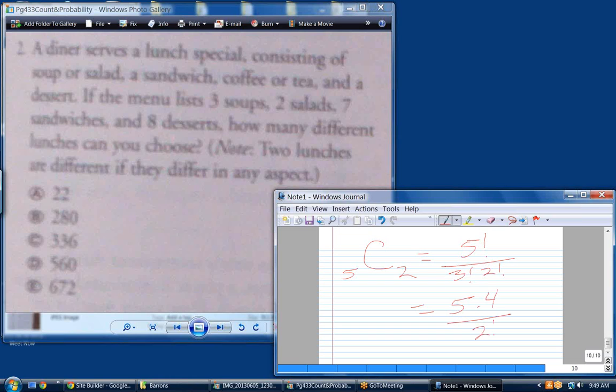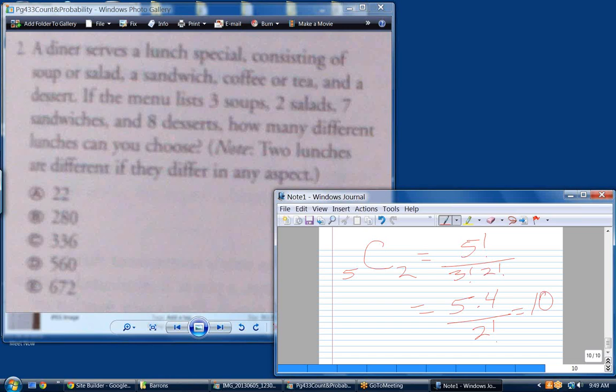So now we have this. You see what I did on that step? Yes. Okay. And then that's equal to 10. 20 divided by 2. So there's actually only 10 ways that you can pick a soup and a salad.